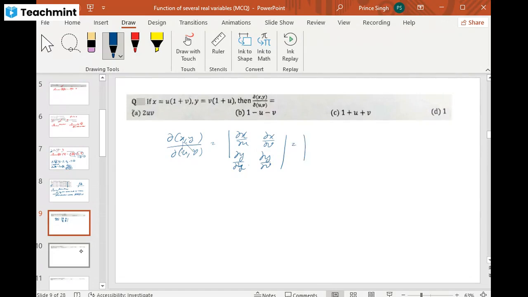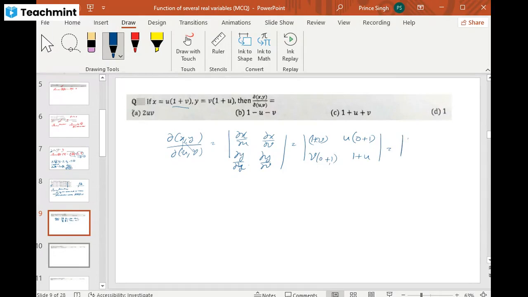Okay. So the derivative of x with respect to u: when we differentiate with respect to u, v is constant, so this whole term is constant. And when we differentiate with respect to v, then u is constant. The derivative with respect to u is 1, and with respect to v is 0. Similarly, when I differentiate with respect to u, v is constant, and with respect to v, u is constant.